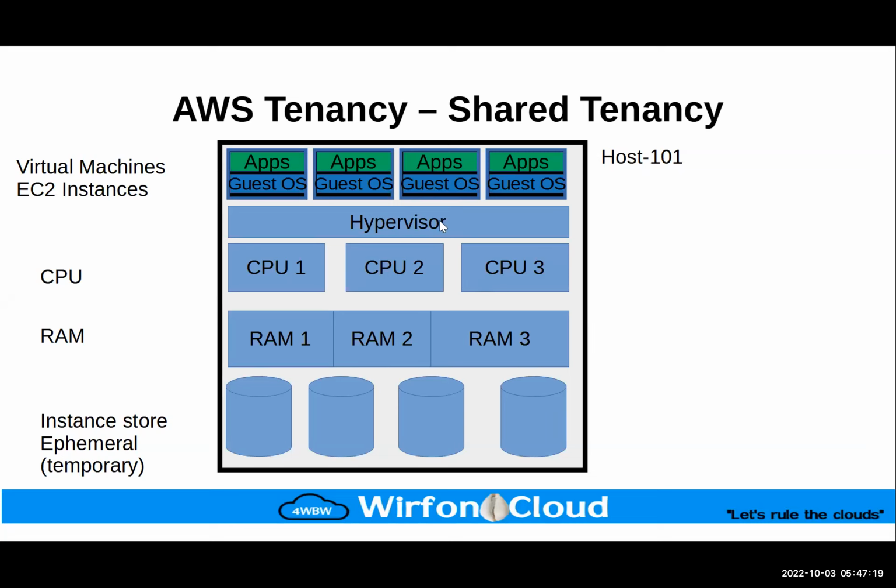Here you have the situation of a shared tenancy. For example, there is a host 101 where you have these guests, the operating systems sitting on the hypervisor, and the different applications running on there. Here you would have a virtual EC2 instance, and the guest operating system could be Linux or Windows.